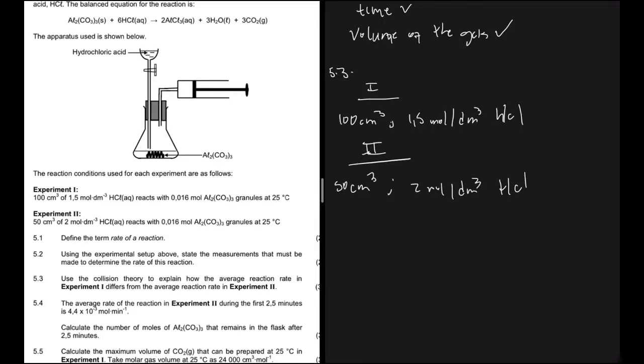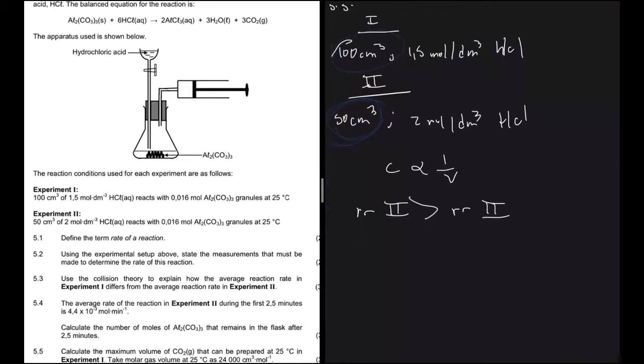So here you can see that there's less volume. Less volume will mean greater concentration, because concentration is inversely proportional to volume. And then here we have more volume. So the rate of reaction of experiment 2 is greater than the rate of reaction of experiment 1. Experiment 2 will take less time because there are more molecules.